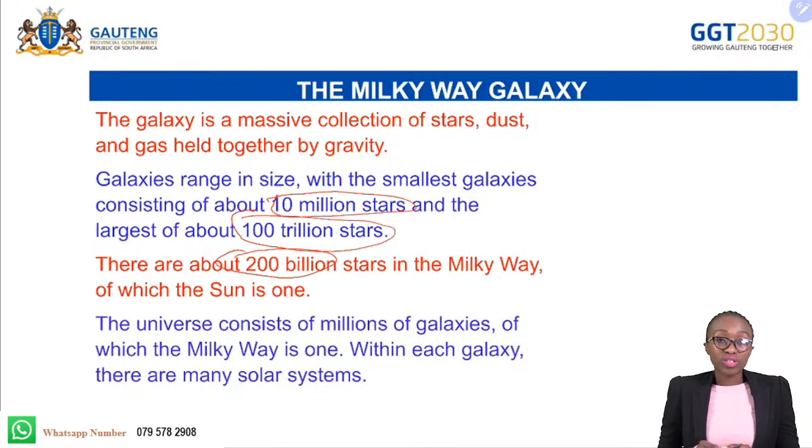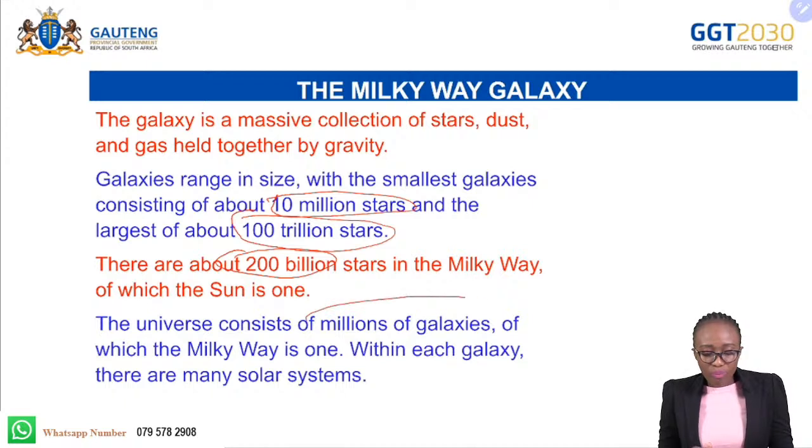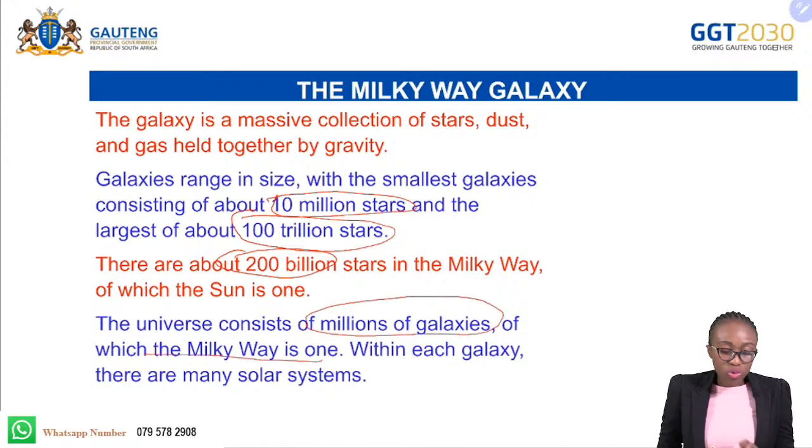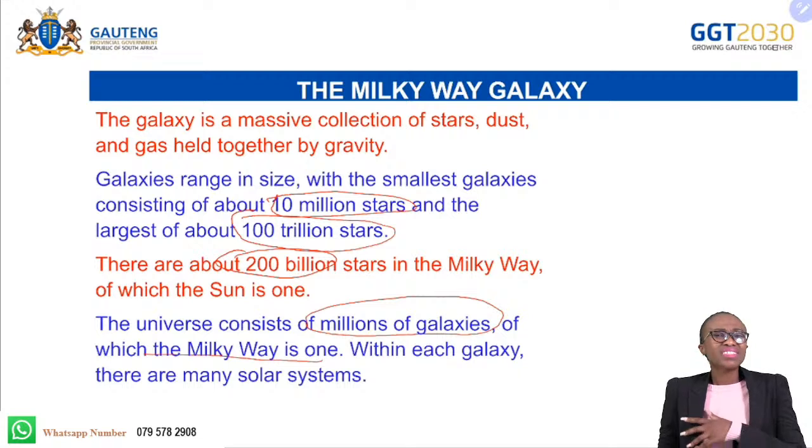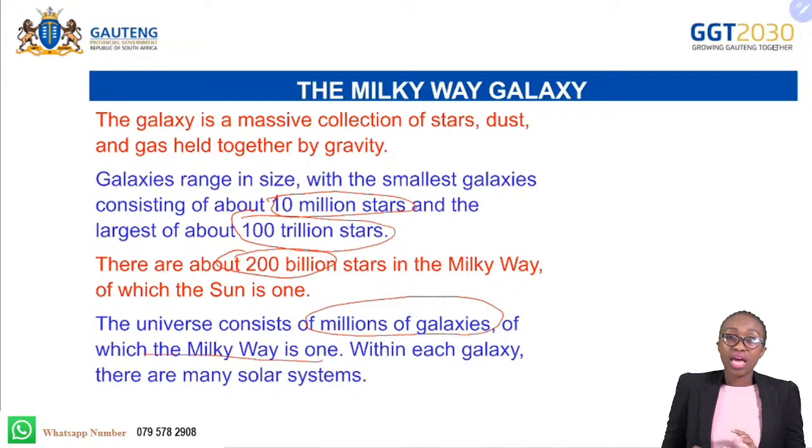Now we are talking collectively about the universe. The universe consists of millions of galaxies, of which the Milky Way is one. So the Milky Way is found in the universe, and the universe has other galaxies. And remember, galaxies differ in size and in shape.